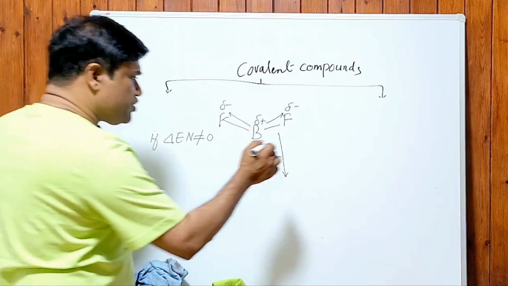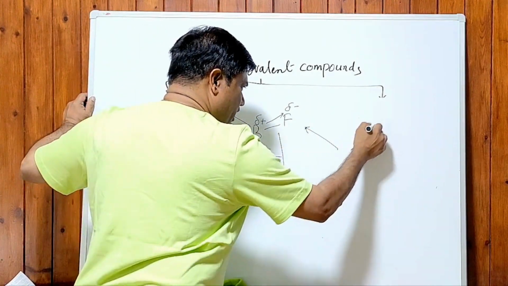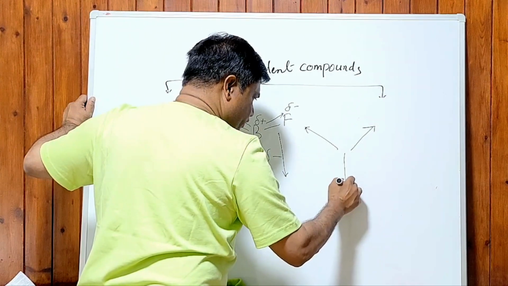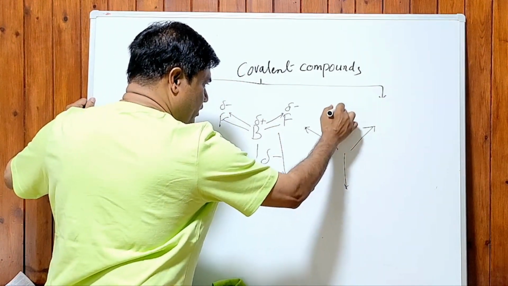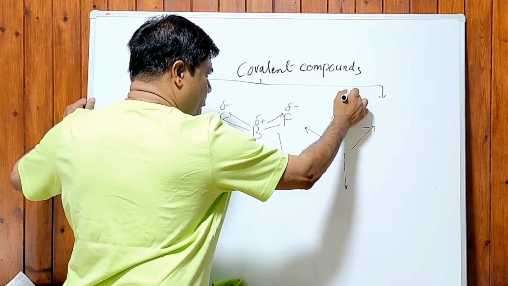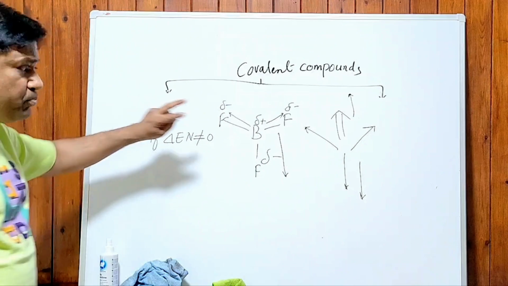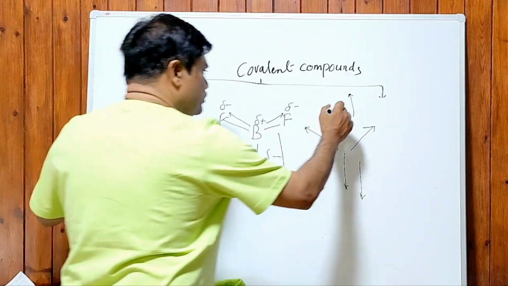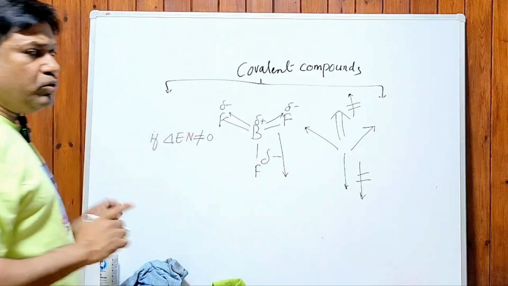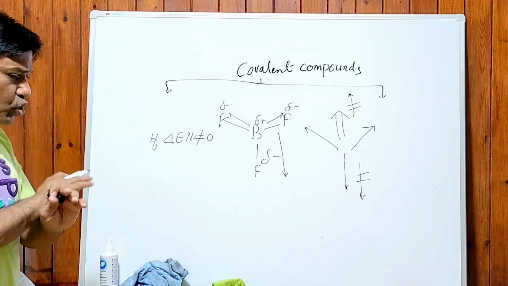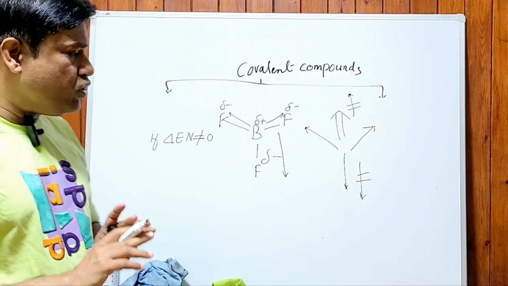One force goes here, one goes here, and one goes here. You add up two forces to get their resultant. This is one force going up, and this is one force going down. Both forces cancel out. So there is no net dipole moment. If there is no net dipole moment, then the molecule is said to be non-polar.